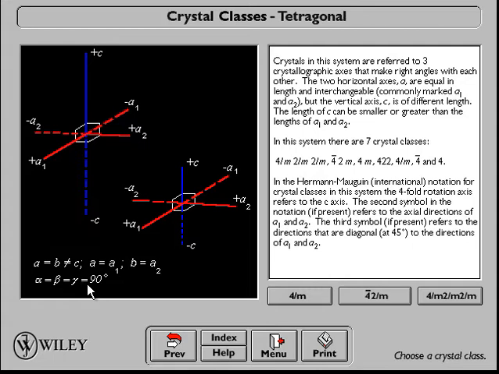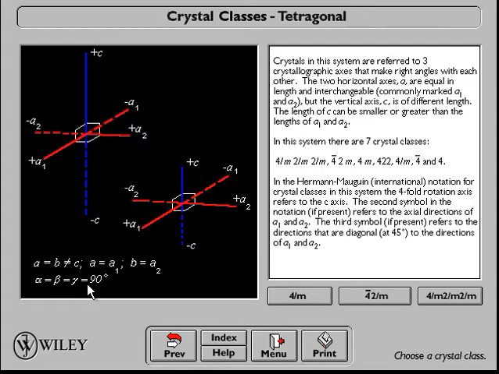The 2 horizontal axes A are equivalent in length and interchangeable, commonly marked as A1 and A2. But the vertical axis C is of different length. The length of C can be smaller or greater than the length of A1 and A2.